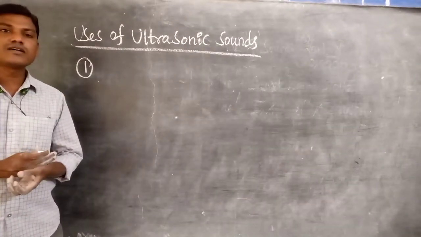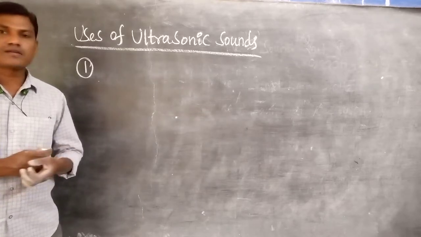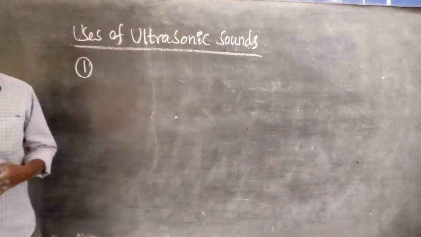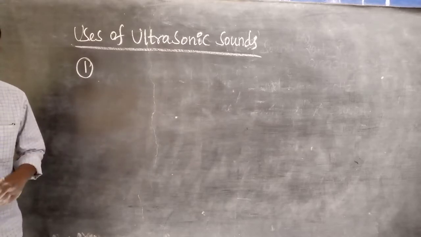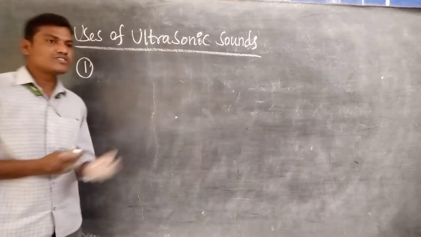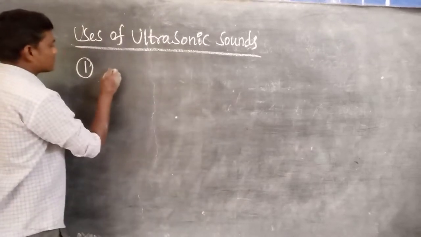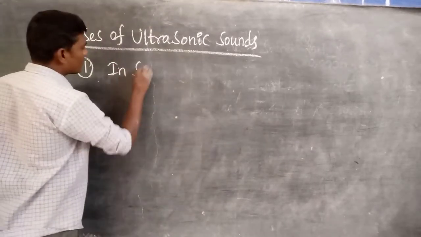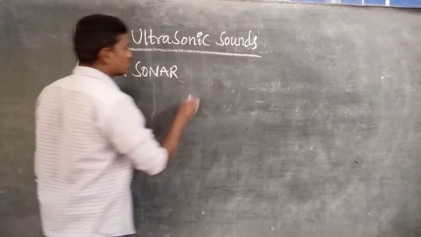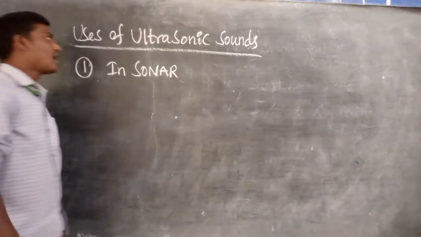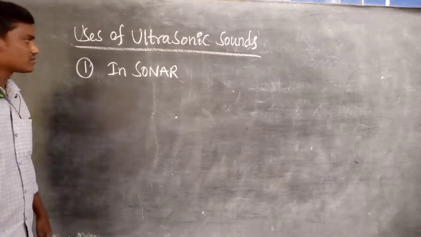They use the sonar process, which is nothing but sound navigation and ranging. In the sonar process, which sounds are used? Ultrasonic sounds. In sonar, we are using ultrasonic sounds.